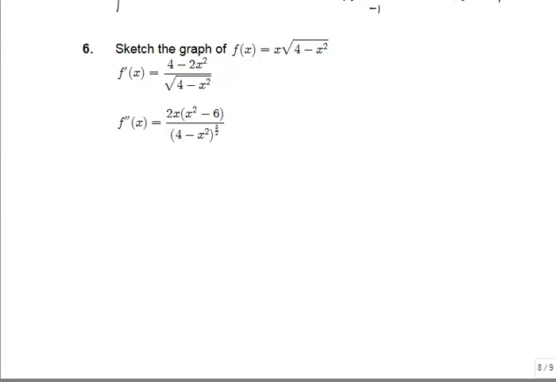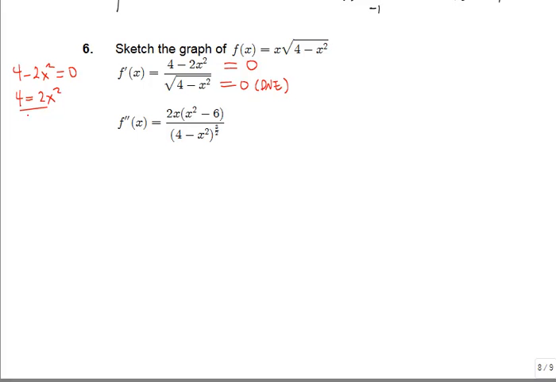Okay, sketch the graph of this function x² over 4 minus x². And again, I'm giving you the two derivatives already. So let's start by finding the critical numbers. So we need to find out where this numerator is 0 and where this denominator is 0 to give me the D and E case. Now 4 minus 2x², that's going to equal 0.